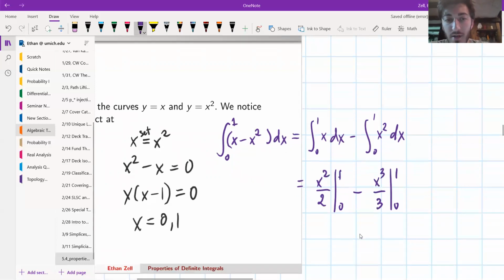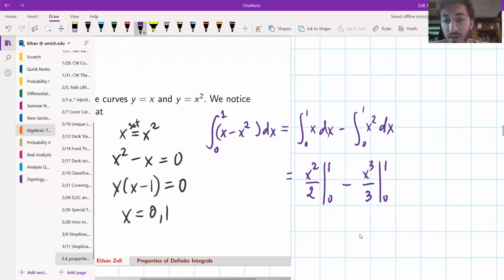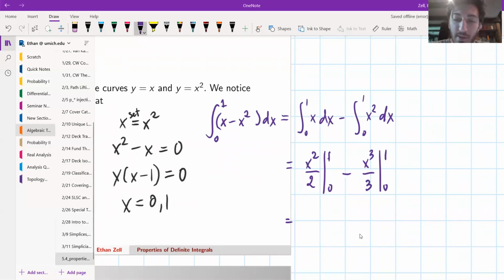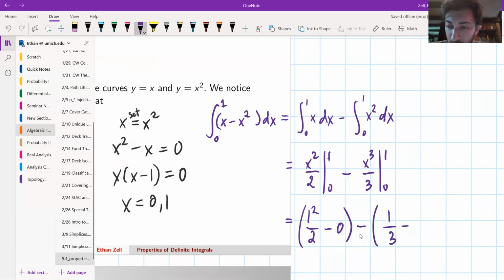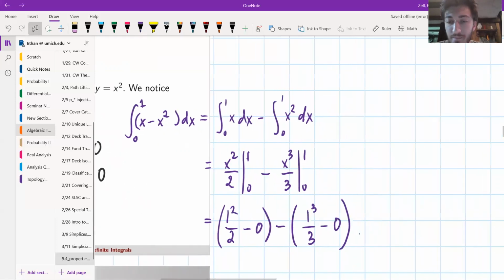The big bar line that I use means evaluated. When we do that, we take the first input minus the second input, so 1 squared over 2 minus 0, and then minus, we do the same thing again, the first input cubed over 3, minus the second input, which is again just 0.